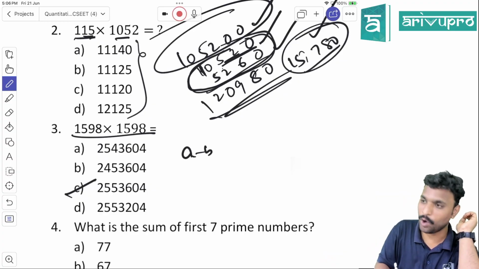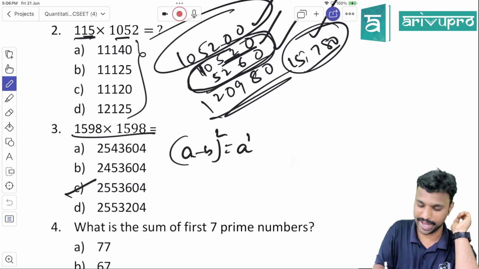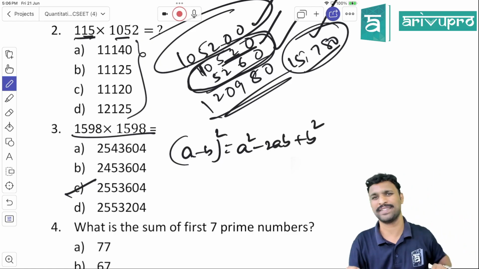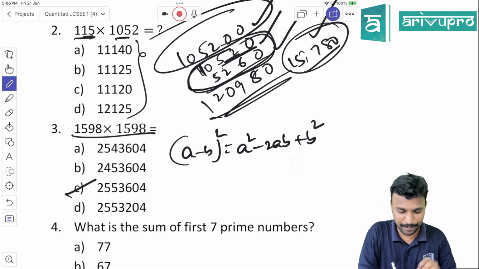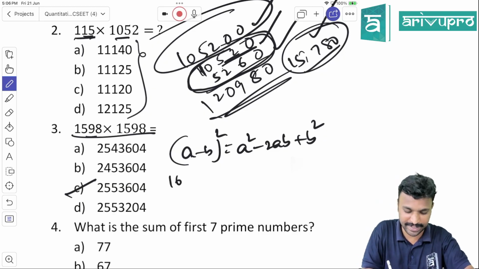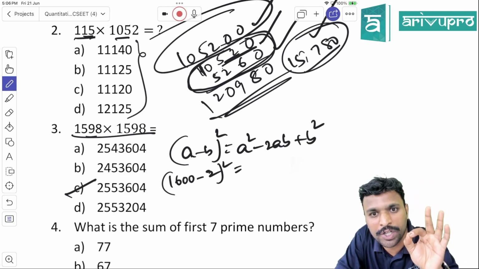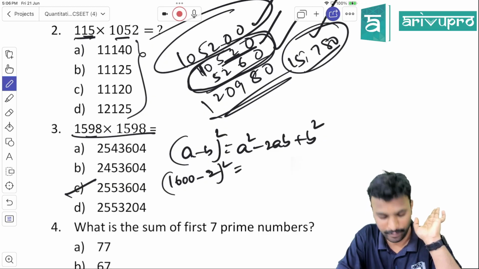Once again, look. (a minus b) whole square is how much? a square minus 2ab plus b square. Try to visualize this. 1598 I can realize as (1600 minus 2) whole square. Correct? 16 the whole square is 256, followed by how many zeros?